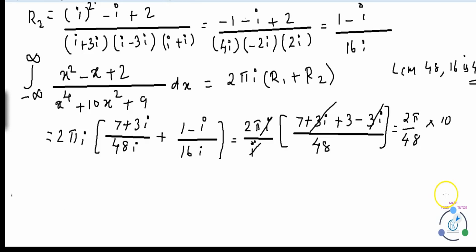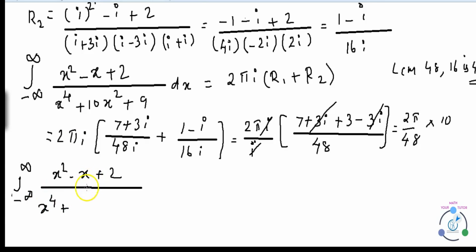After simplifying, we get 5 pi by 12. Then the integral from minus infinity to infinity of x square minus x plus 2 by x raised to 4 plus 10x square plus 9 dx is equal to 5 by 12 pi.